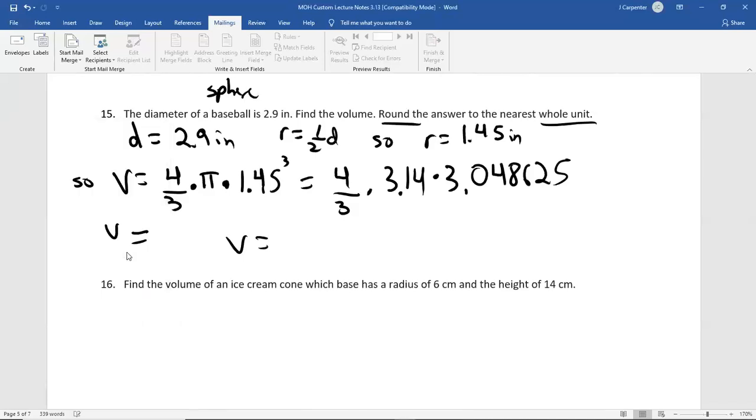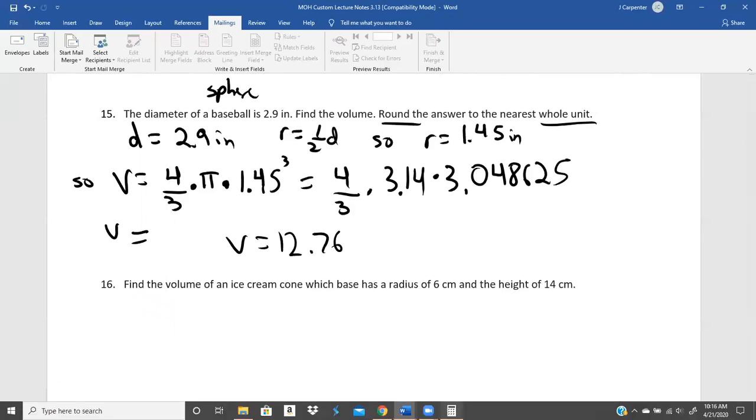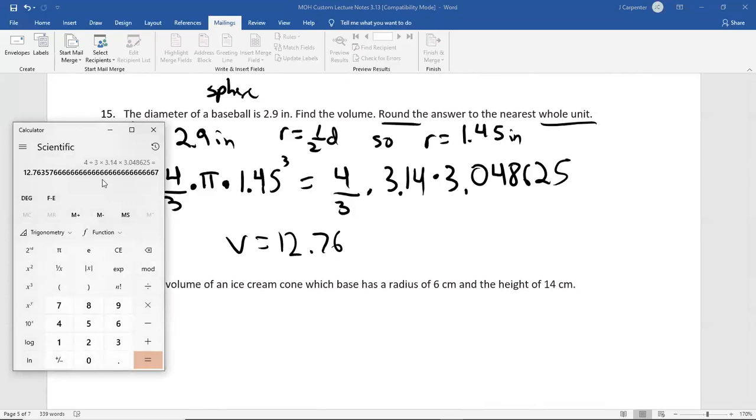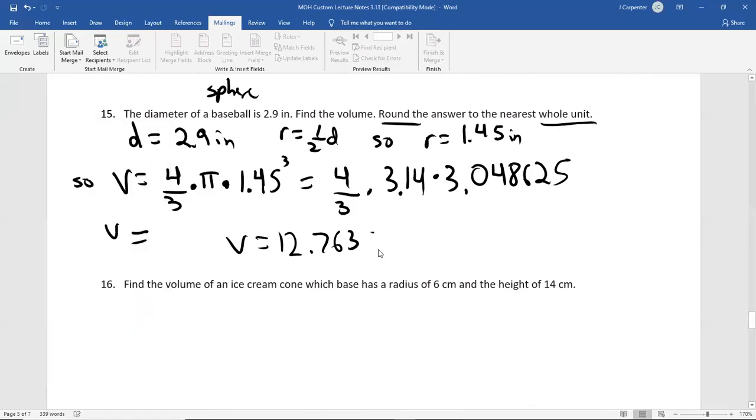So V is 12.763576 repeating. And that volume, we were in inches, so cubic inches. But we're supposed to round to the nearest whole, so the 7 tells us to round up. The 12 becomes a 13. 13 cubic inches.